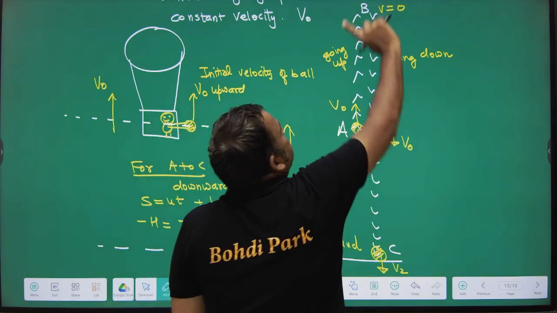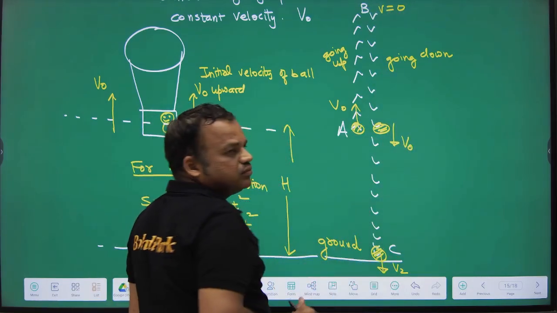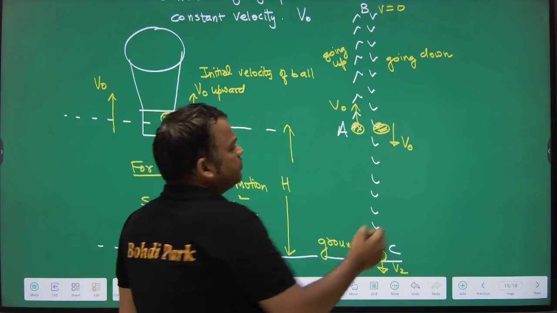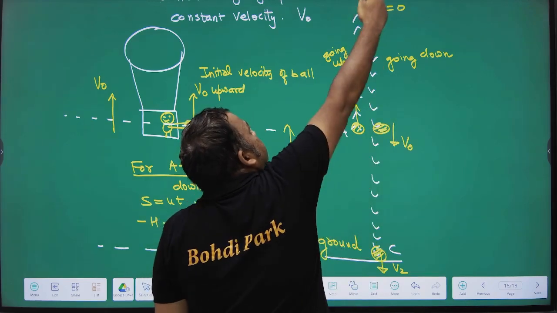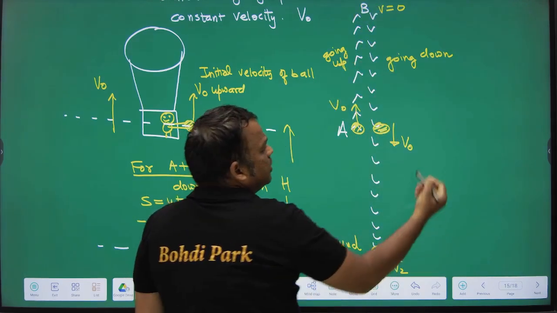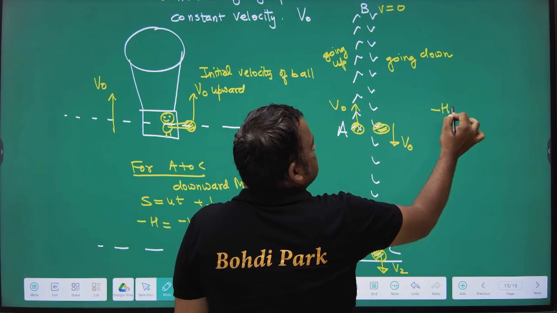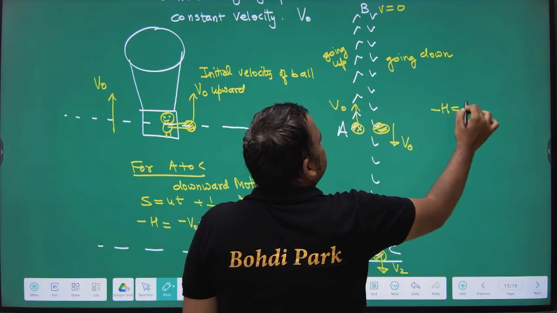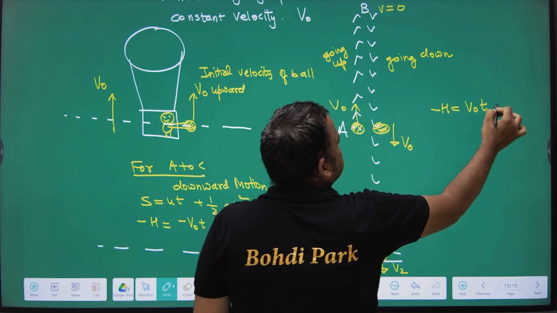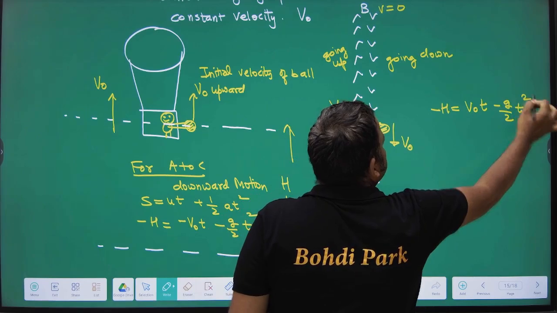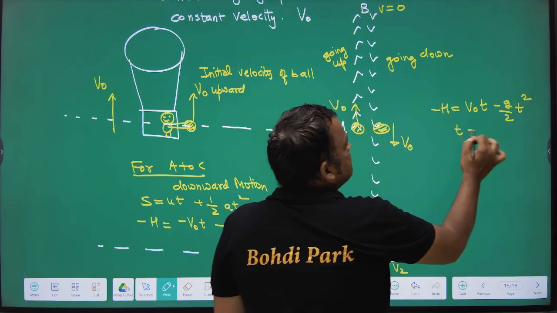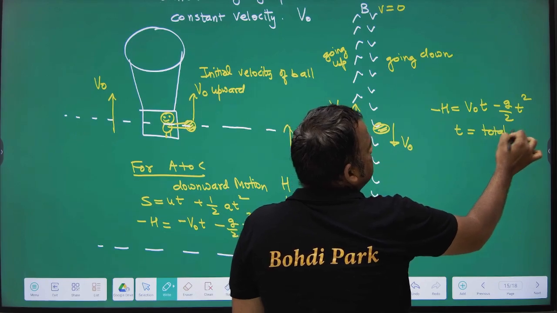You can consider the A to C total time: it goes up to B, then B to C it is coming down. So the displacement will be minus h, but u will be plus v naught, and acceleration is minus g, into t square. So this is the total time of flight.